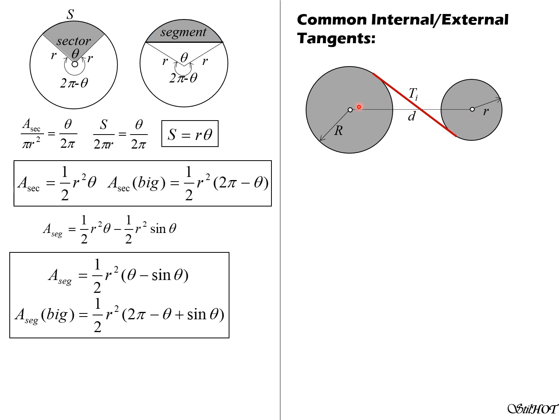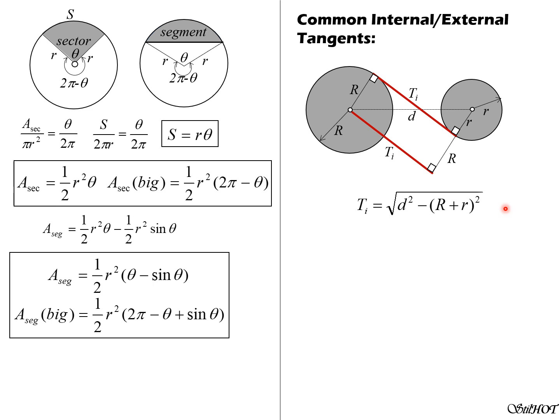Then we draw a segment parallel to T sub I here, so a rectangle is formed as shown. Because this is 90 degrees, we have a right triangle, with the right angle at this corner. One leg is big R plus small r. The hypotenuse is d. So T sub I is the square root of hypotenuse d squared minus the quantity big R plus small r, squared. So that's the length.